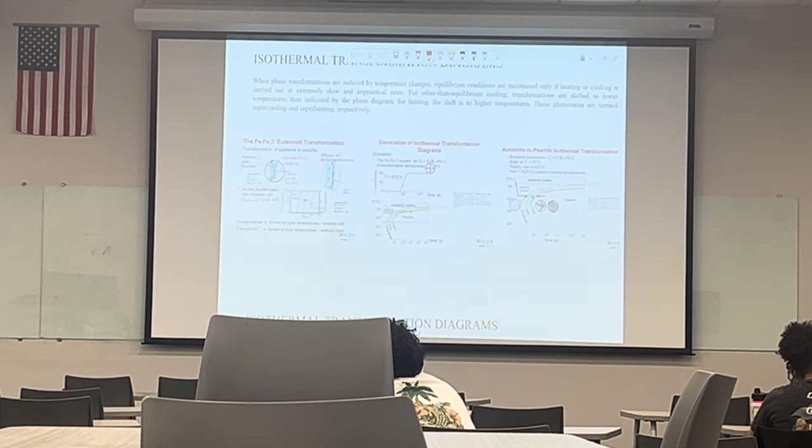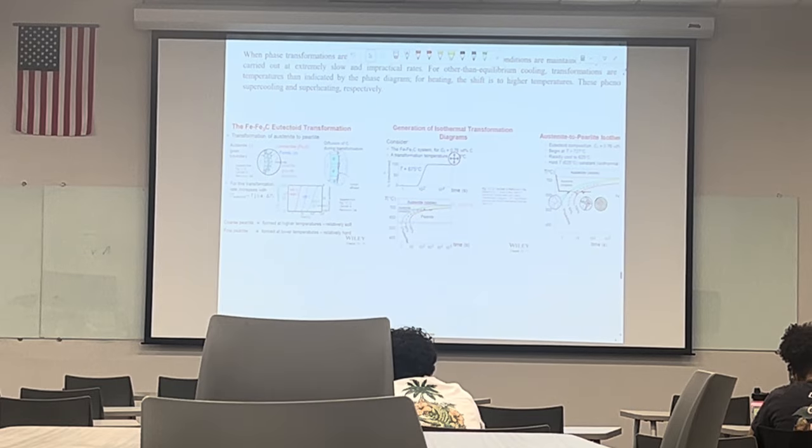So in those cases, what happens is we don't follow that structure or that microstructure explained in the previous chapter. For example, this is just one example for the eutectoid iron carbon system. Well, this is like the curve we just saw, time and y.